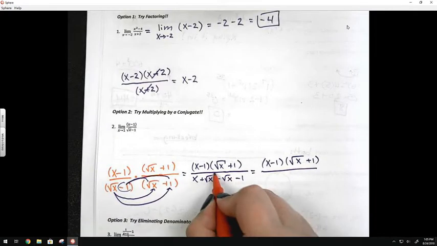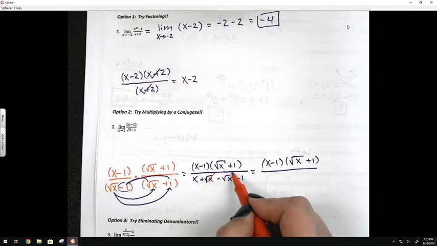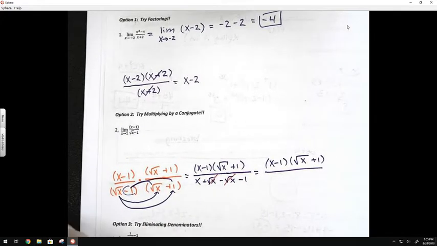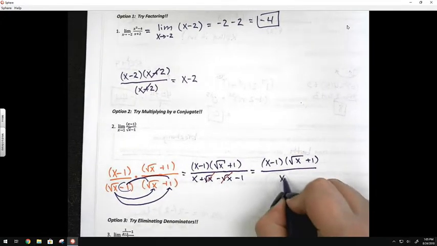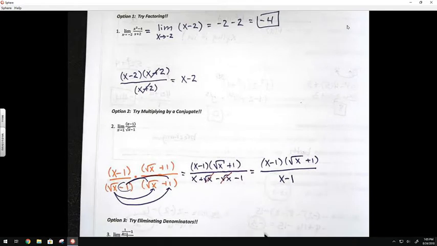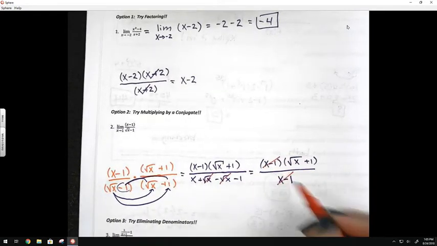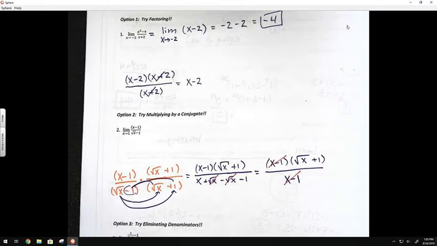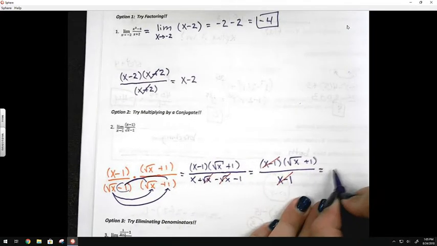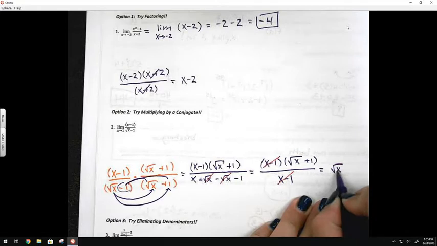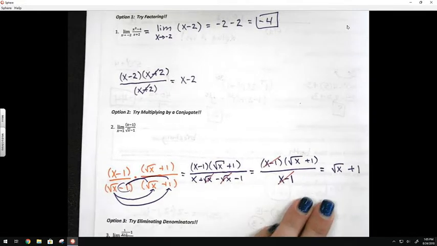I've got positive square root of x and a negative square root of x. So I'm left with x minus 1. And then that also cancels, which means we just simplified this whole thing to just be the square root of x plus 1.